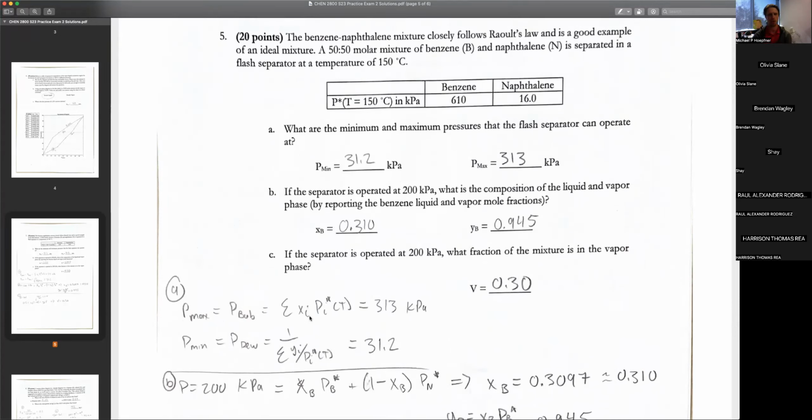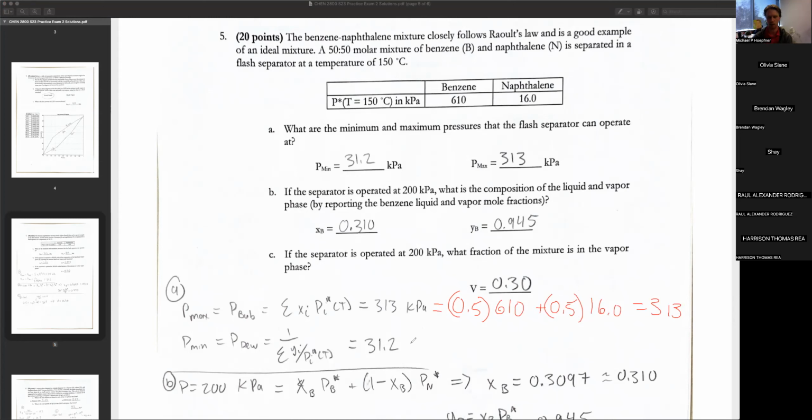So I substituted in for the 50-50 mixture, x equal to 0.5 and y equal to 0.5. Then this summation is 0.5 multiplied by the benzene's, which is 610, plus 0.5 multiplied by the naphthalene's, which is 16.0, and that should get me the 313.